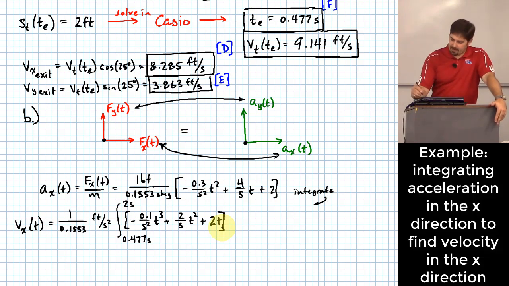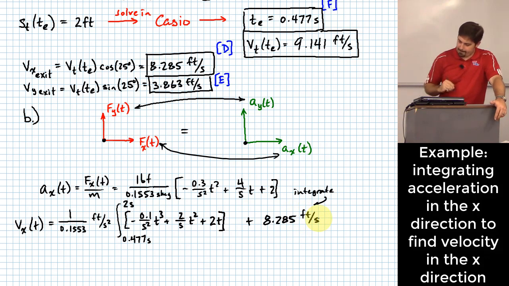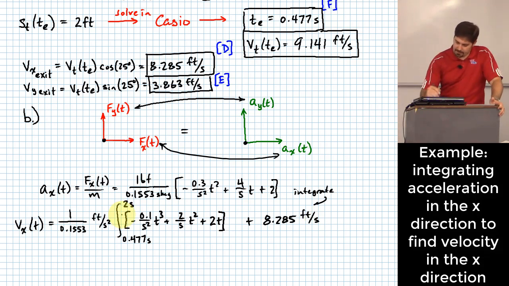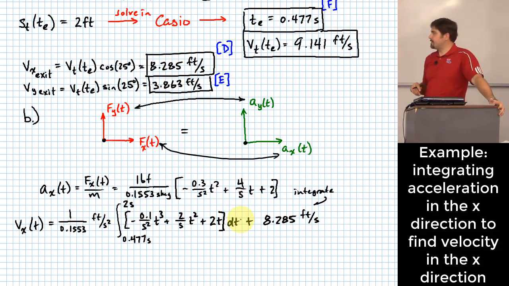And I do have an initial condition in this problem: that initial x exit velocity, 8.285 feet per second. That's outside of this integral, so that's the end of my integral right there, dt.